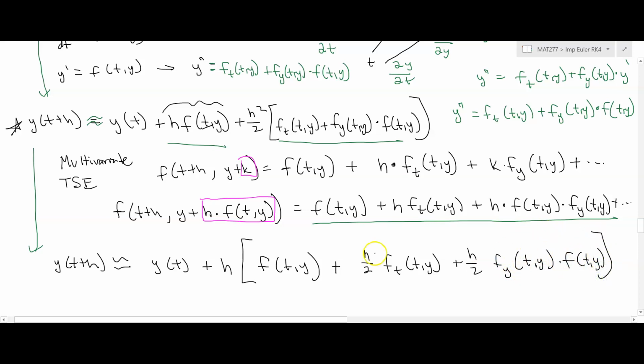And what we should see from this is that this, again, resembles very closely what we have right here, with the exception of that factor of 2.